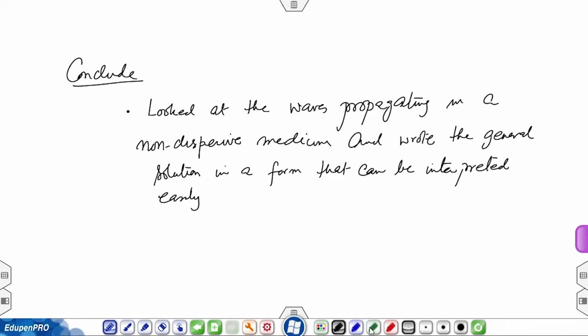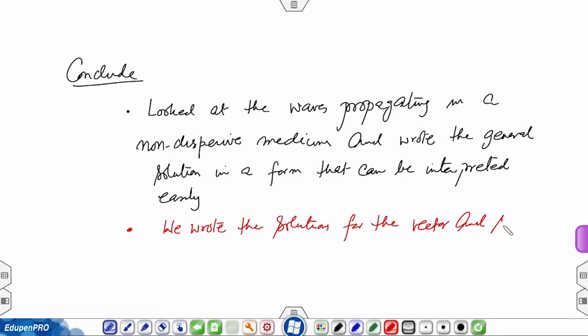And taking a hint from there, we wrote the solutions for the vector and scalar potentials arising from time varying charge densities and current densities.